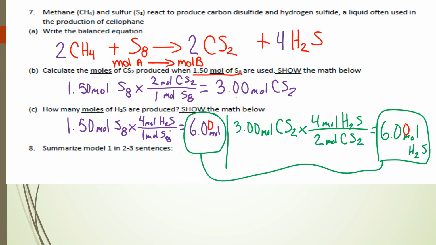If I started using this one where I had 3 moles of carbon disulfide, I see that I have a ratio of 4 to 2, and guess what? The answer is 6 moles. That's why we have to use mole-to-mole relationships, because if we have a balanced chemical equation, it doesn't matter where our starting point is, we can always get to the same answer.